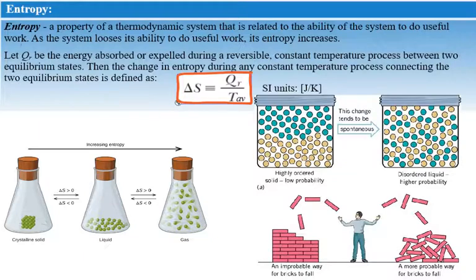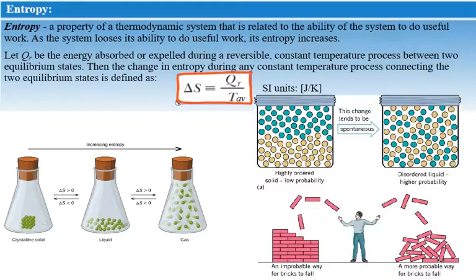Reversible processes are ones in which all intermediate states between the extremes are equilibrium states, and such a state can change its direction at any time. The change in entropy of the system or the surroundings is the quantity of heat transferred divided by the temperature, as this formula states.